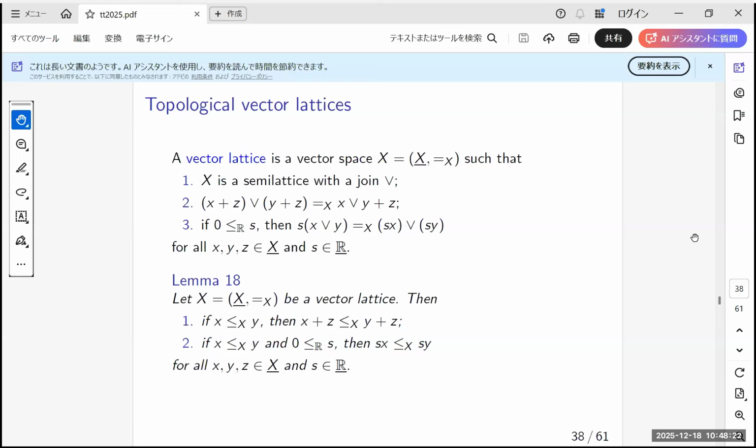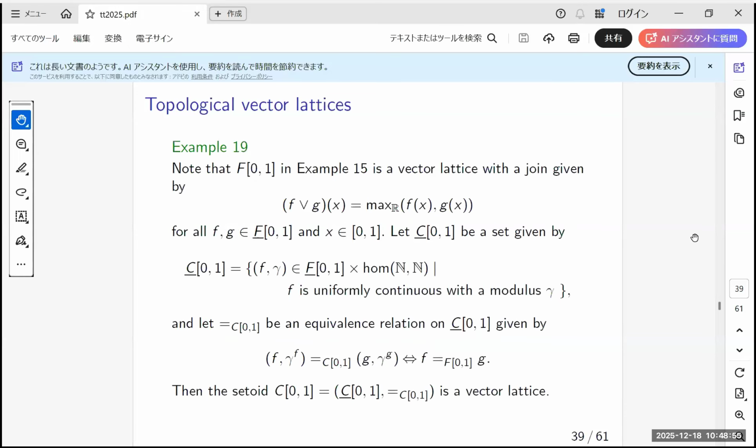And a vector lattice is a vector space which is a semi-lattice, and the join operation satisfies the two conditions. Okay, and a vector lattice is an ordered vector space, which Lemma 18 said.